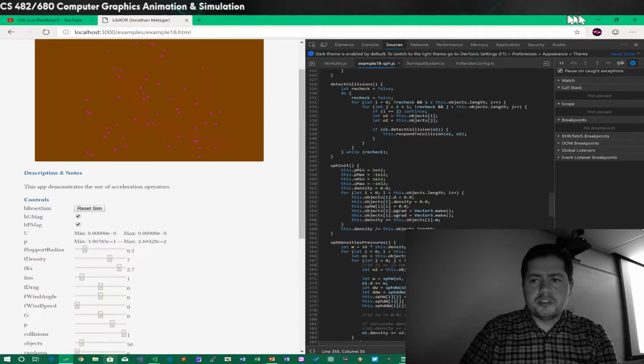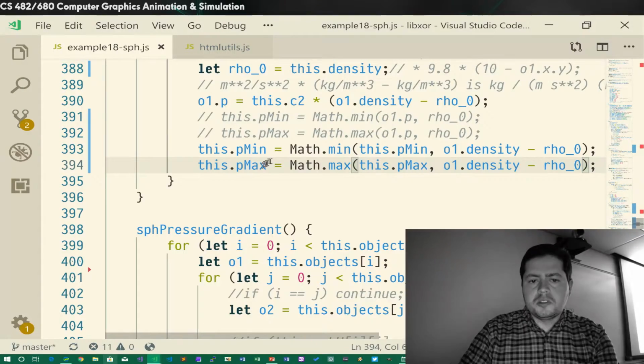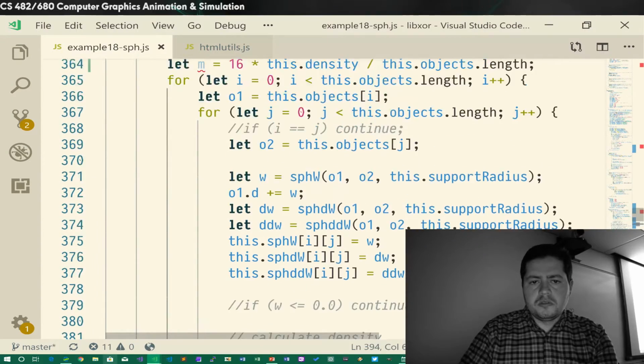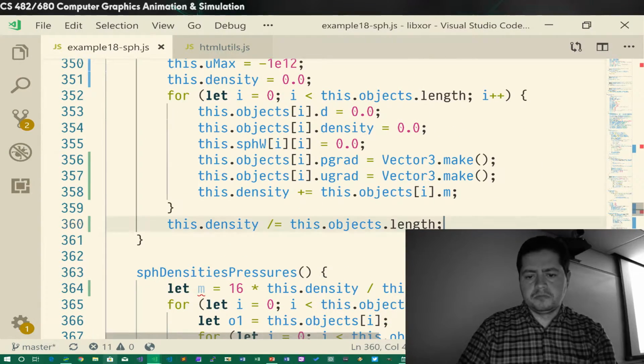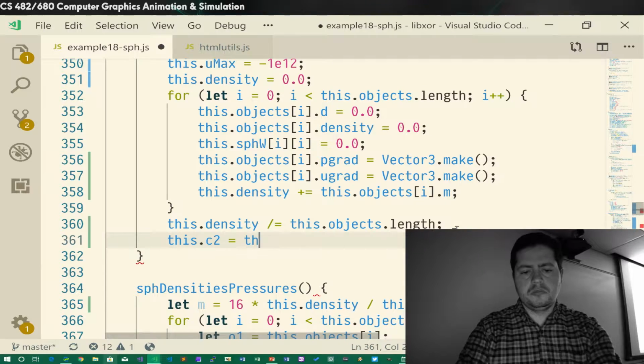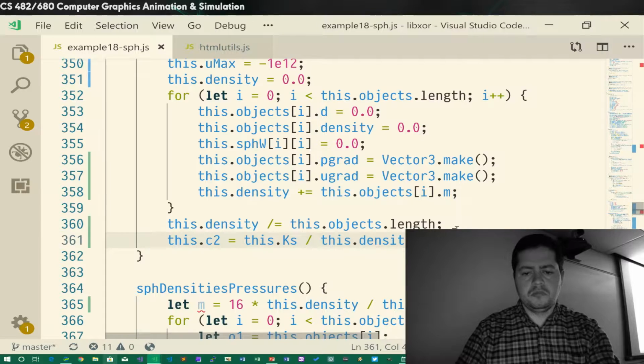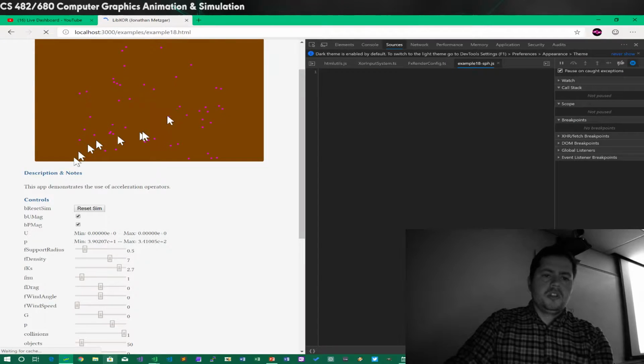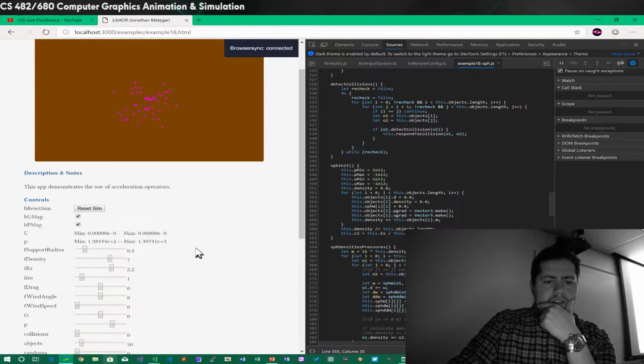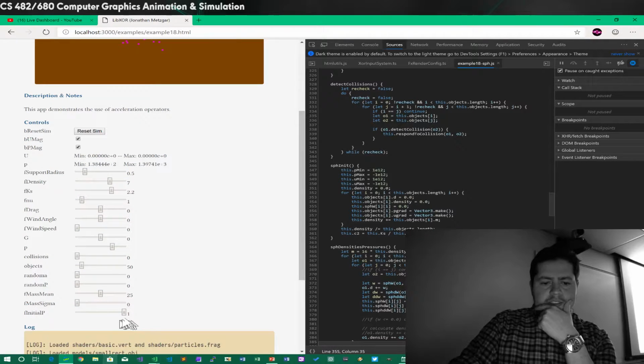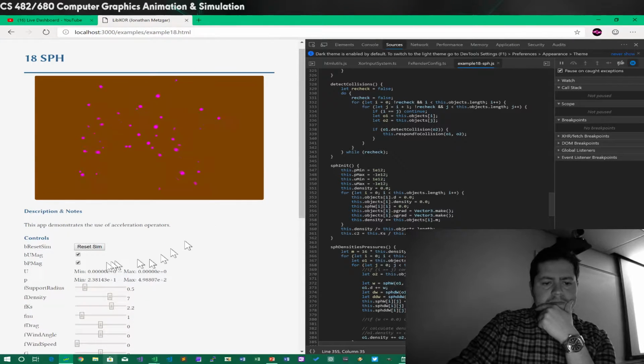I guess we have to change the speed of sound too, because the speed of sound will affect it. Let's give them all some initial movement.